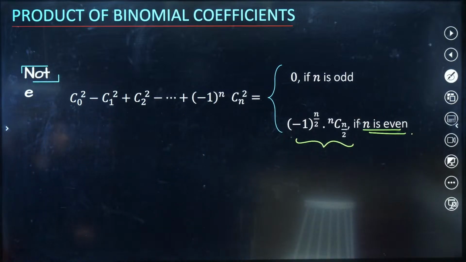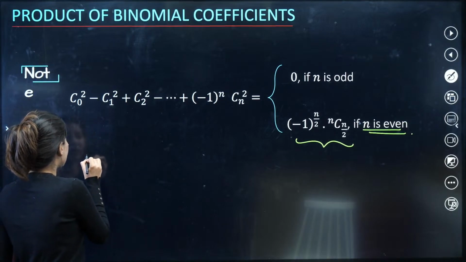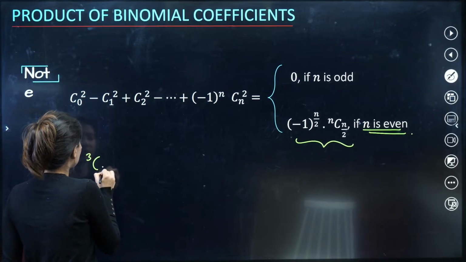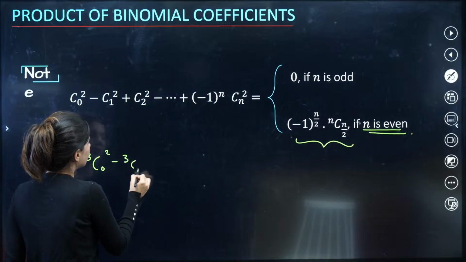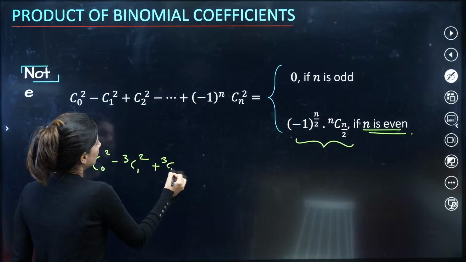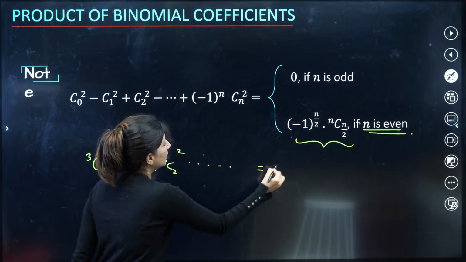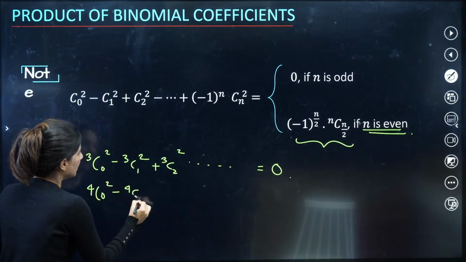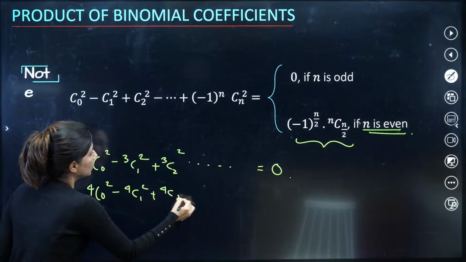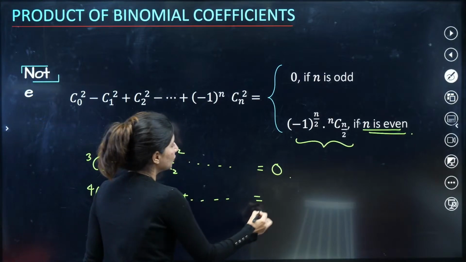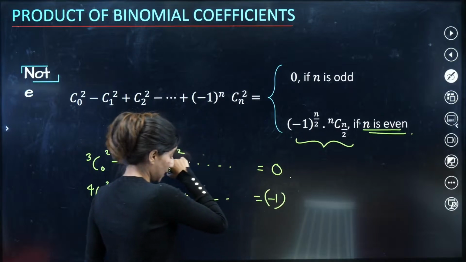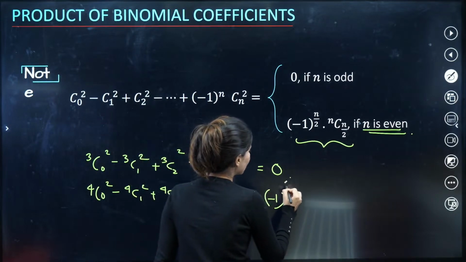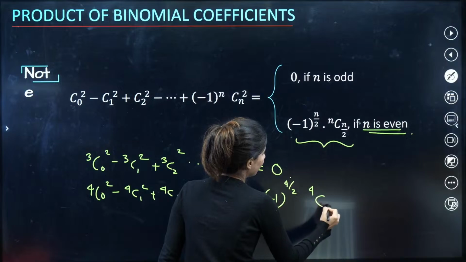Suppose you see 3C0 square minus 3C1 square plus 3C2 square. This is going to be 0. But if you see 4C0 square minus 4C1 square plus 4C2 square, this is going to be (-1) raised to the power n by 2, where n is 4, so 4 by 2, 4C(4 by 2).